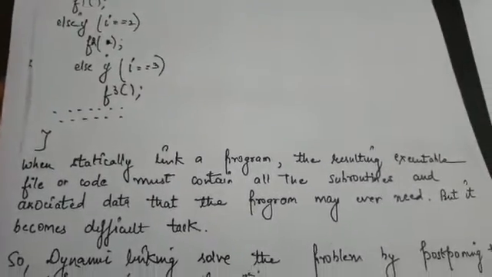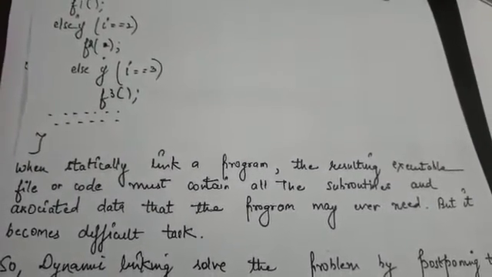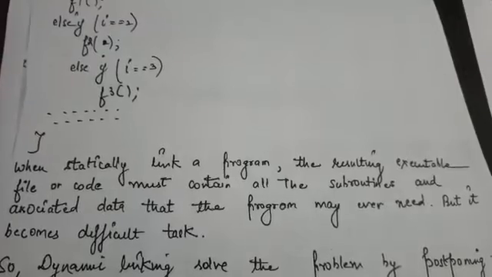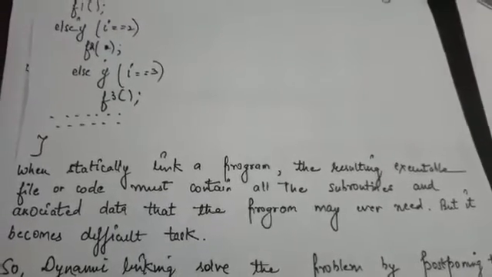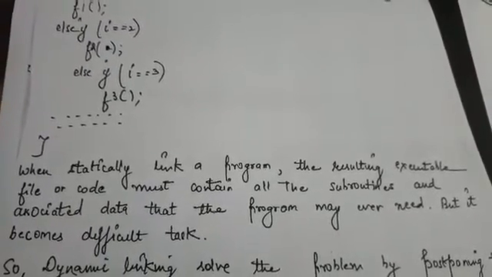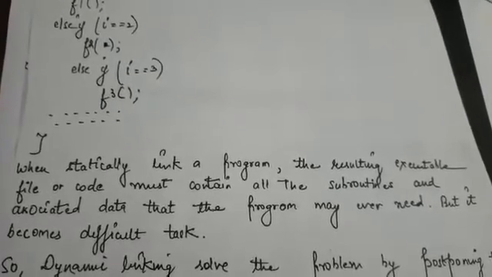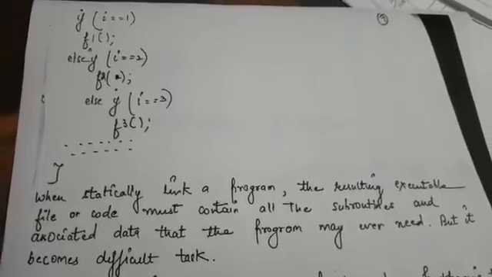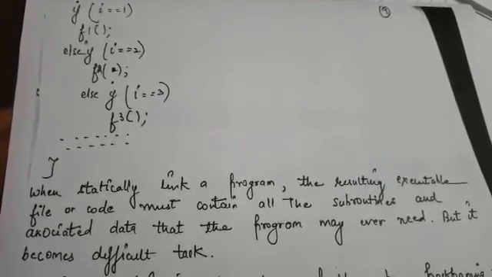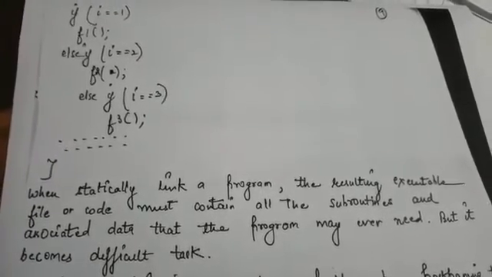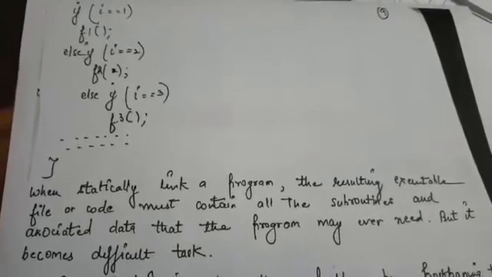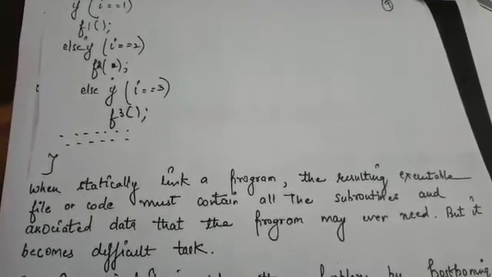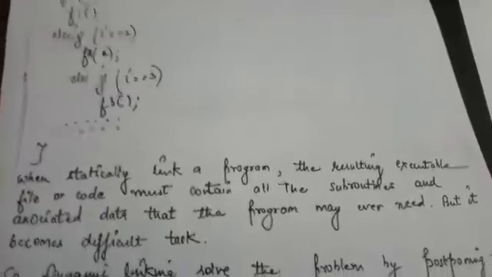Now, when we statically link a program, the resulting executable file or code must contain all the subroutines and associated data that the program may ever need, but it becomes a difficult task. Like in this case, we are using f1, f2, f3 functions. We have to load these modules into the main memory if they are required by any of the users.